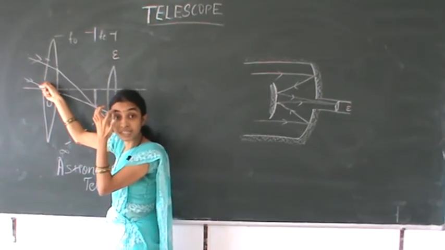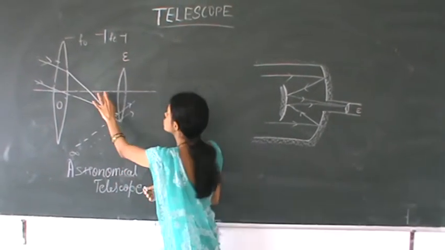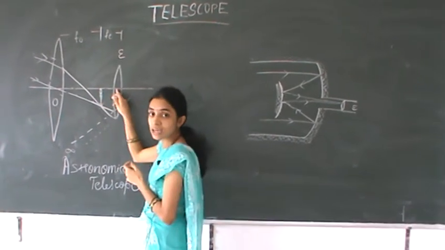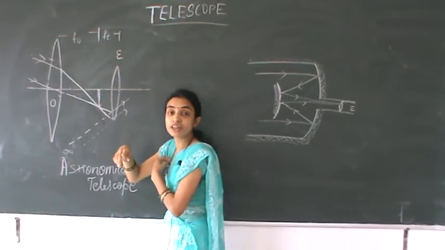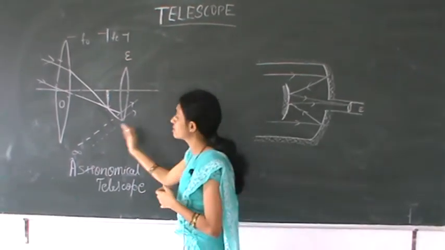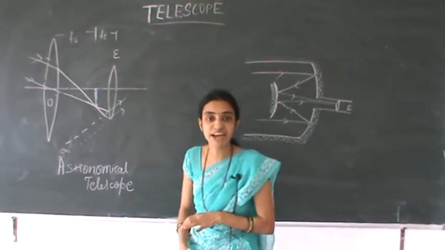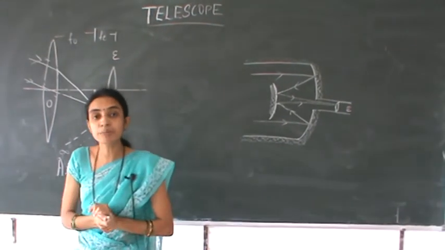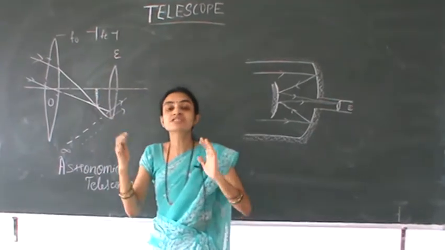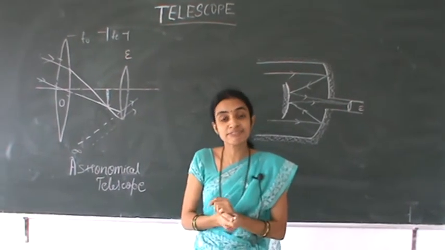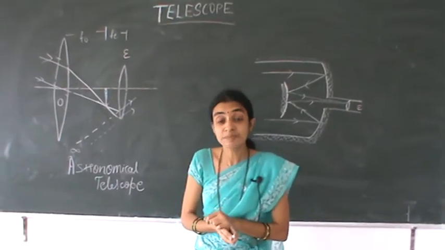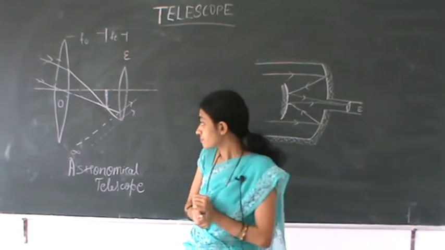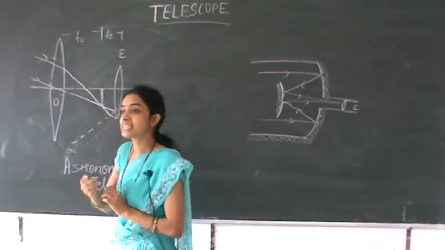If the object is once again at the focal length, the image will be shifted to infinite distance. The main aim of the telescope is to see the far object very clearly. But a drawback arises in trying to see far distant objects very clearly.